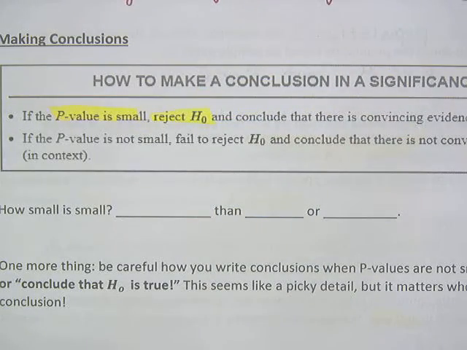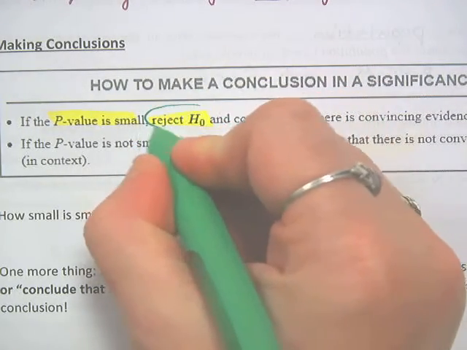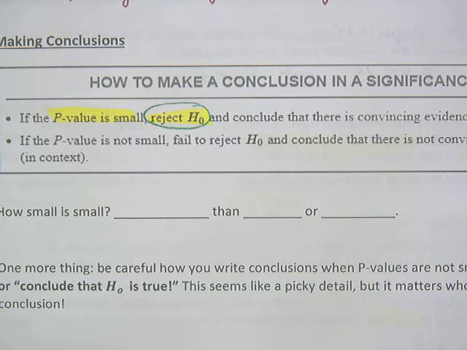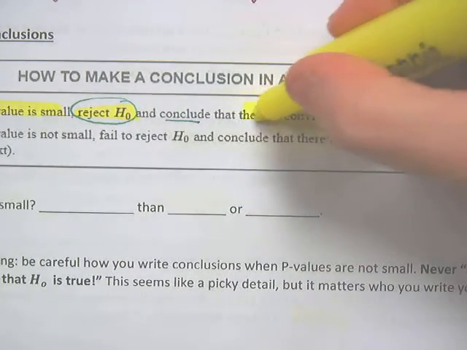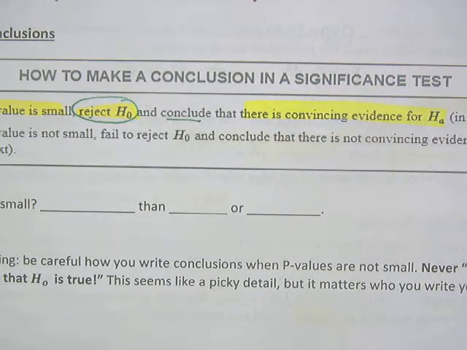We reject H0. That's the wording you must use. We reject it. You can't say we hate it. You can't say it's not true. You have to say we reject H0. We reject the null. And the conclusion that we make is that there is convincing evidence for the alternative.